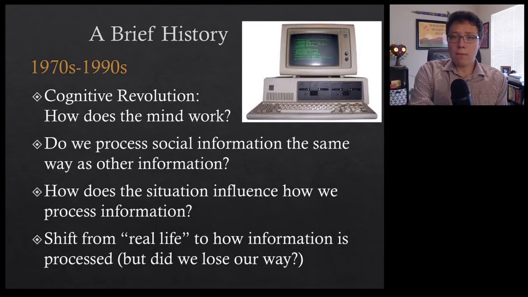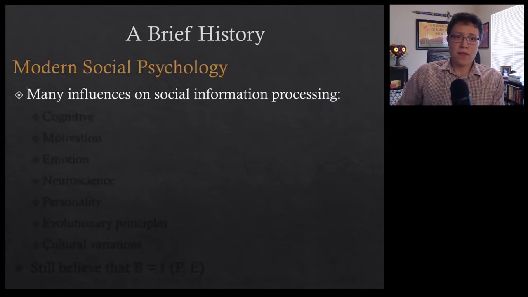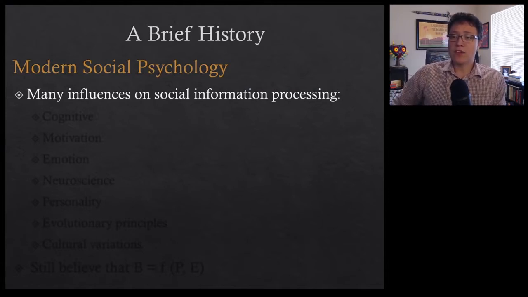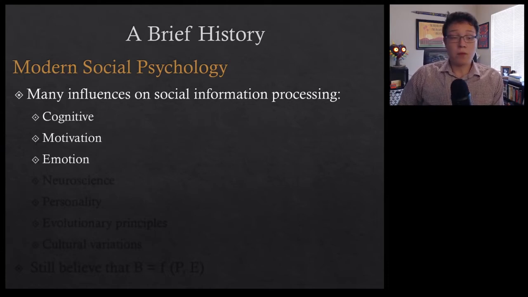So there is a ton of interesting stuff regarding this kind of shift towards more of a cognitive approach, but now we get into the modern era of social psychology, and we might still be looking at the influences of social information processing, but we like to think we're doing it in an even-handed way. There are a lot of other areas that we include, not just social information processing, but things like cognitive psychology.